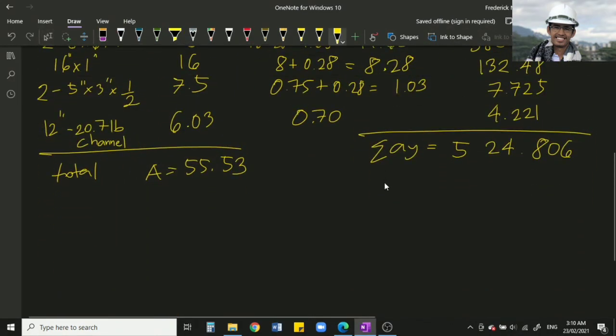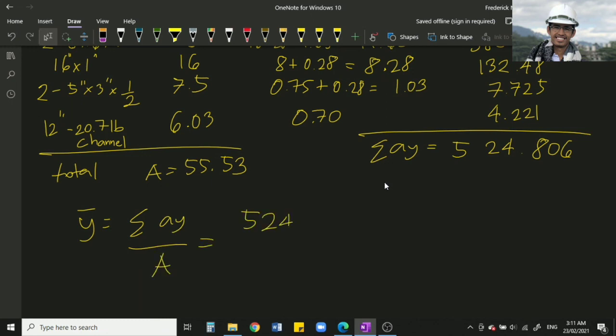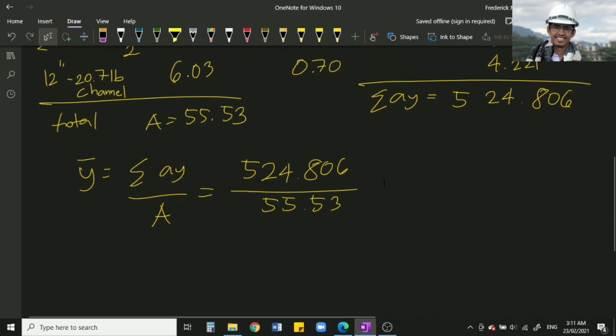Therefore, makukuha natin yung bar Y natin, yung centroid ng ating section. So for bar Y, that will be summation of AY over total area. So that will be 524.806 over 55.53. Okay. Therefore, bar Y is equal to 9.45 inches.